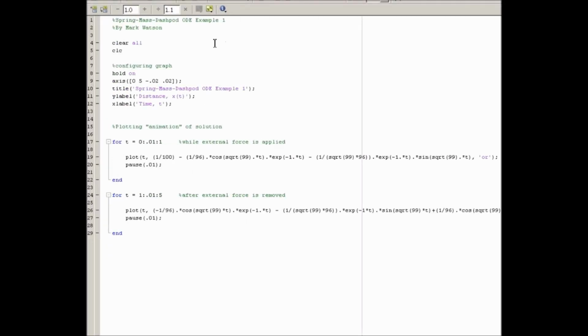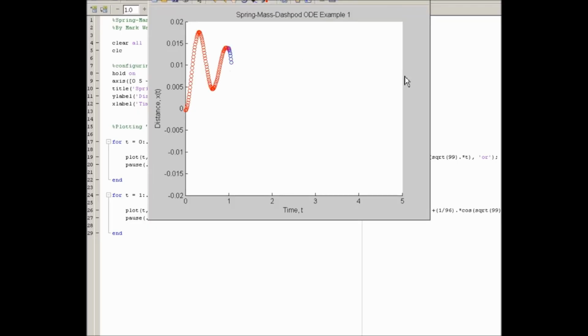Okay, so I'll run the little animation so you can see what's going on. Here we go. As you can see, as the force is being applied, the mass moves away from its equilibrium position, and it begins to reach a new equilibrium position.